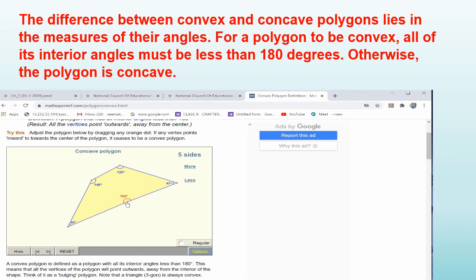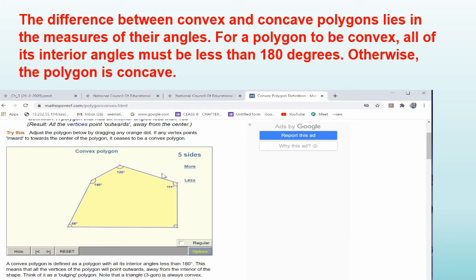If it becomes more than 180, see the red line came, and you can see over here it is concave. Now again drag it here. See, it is less than 180, it is bulging outwards, then it is a convex polygon. All the interior angles are less than 180.